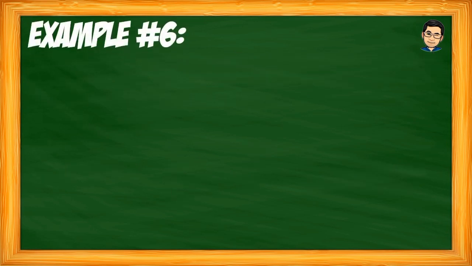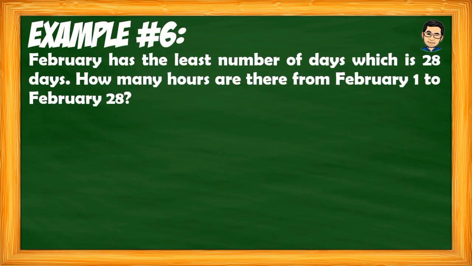For example number 6, February has the least number of days, which is 28 days. How many hours are there from February 1 to February 28? Alam naman natin na ang February, ito yung buwan, yung month na pinaka-konting araw, which is 28 days nga.